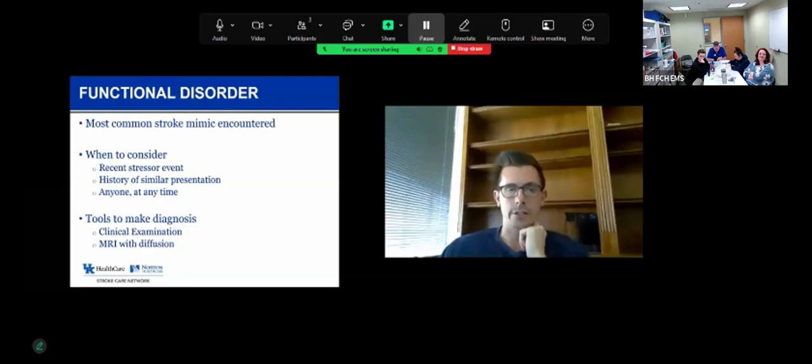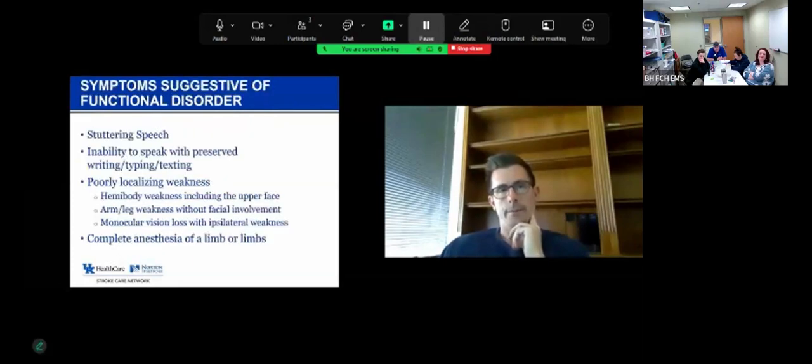You make this diagnosis with MRI, but also with adept clinical examination techniques. Symptoms that are suggestive of non-neurologic problems are stuttering speech or loss of speech with preserved texting in particular. So people who can't talk but can write their answers to questions or can text questions, that is usually not from a neurologic problem.